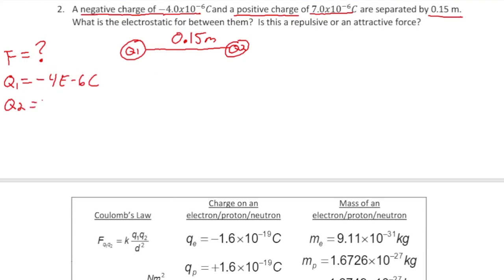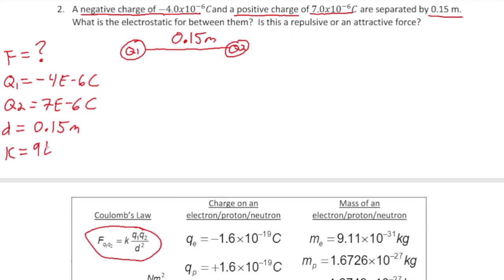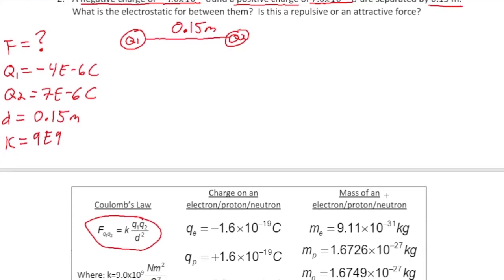That's going to be positive 7 e to the -6 coulombs. Then we're going to have distance, and the distance that they're separated by is 0.15 meters. And then lastly, in our Coulomb's Law equation, which is just right here, we have the letter K, and K is always a constant, so K is always 9e9, and we can see that down here, 9 times 10 to the 9th.